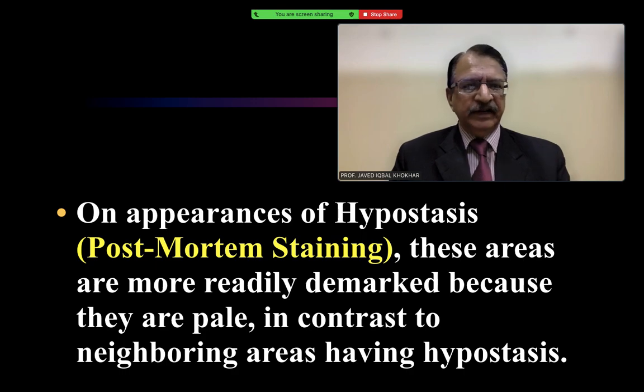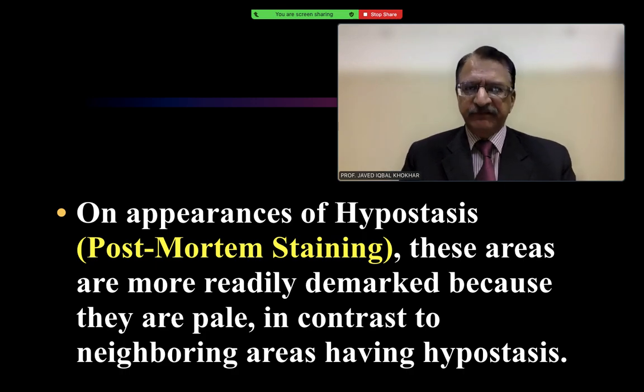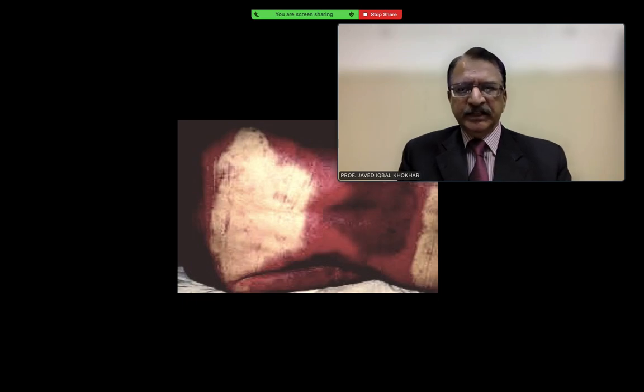So that will distinguish which are the areas of contact flattening and which are the areas of postmortem staining. You can see the reddish area, which is because of the postmortem staining, and the normal colored skin, because of the weight, is the contact flattened area.